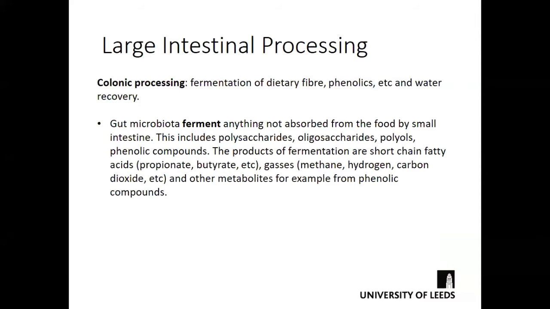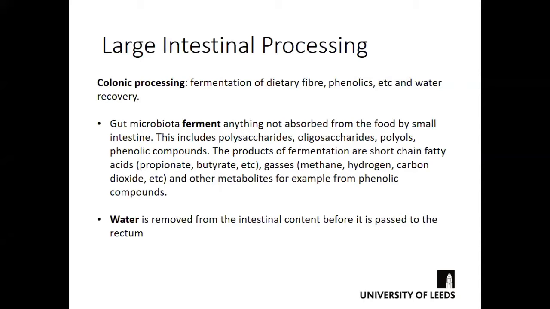And the products of fermentation obviously are varied, but primarily they're things like short-chain fatty acids, so propionate, butyrate, etc. And also gases, so things like methane, hydrogen, carbon dioxide, etc. And other metabolites, for example, from phenolic compounds. Also, water is removed from the intestinal content before it's passed to the rectum.